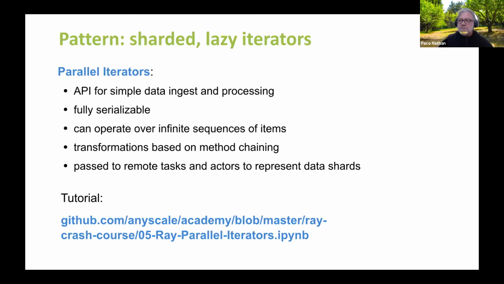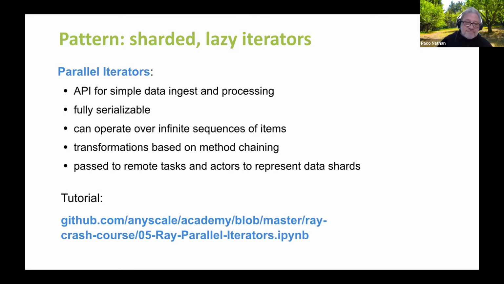The idea is that if I want to spread my work out around the cluster, I need to be able to describe where the inputs are, and then I need to be able to partition those and serialize those chunks, those partitions, out to the different workers across the cluster. So parallel iterators give us a way of describing what we're going to process, but then serializing the parts that we send out across the cluster.